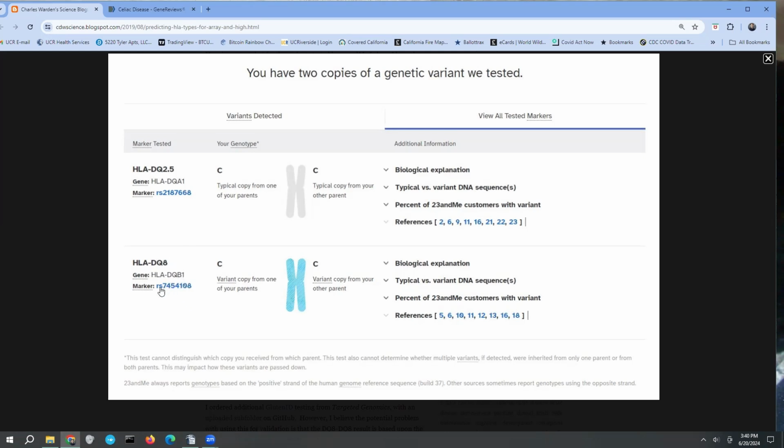And so to be clear, this particular position, indicated by this marker, I am confident that I have two Cs. However, it's the interpretation of that two Cs and whether that extends to the full gene sequence of these two HLA genes, this highly variable region, is what I'm trying to discuss and understand better.